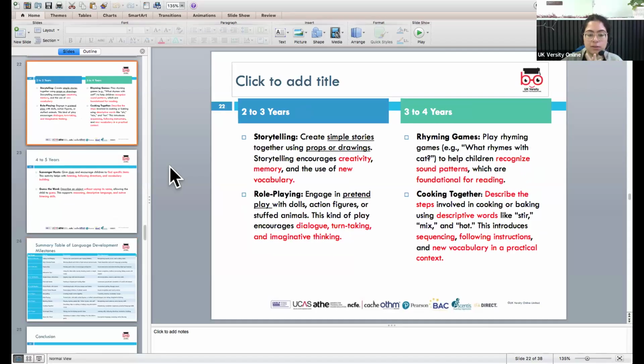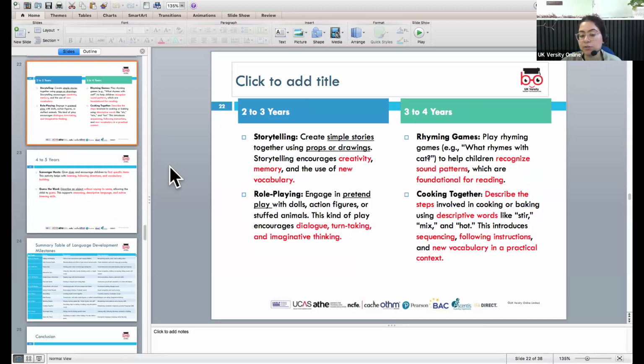Then 2 to 3 years includes storytelling and role playing. Storytelling would be creating simple stories together using props or drawings, and it also encourages creativity, memory, and the use of new language or vocabulary. And then role playing, engaging in pretend play with dolls, action figures, or stuffed animals.